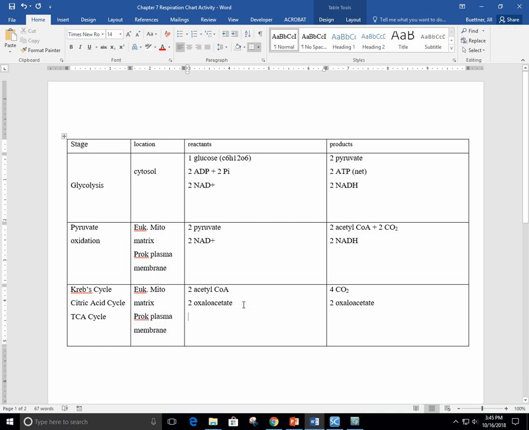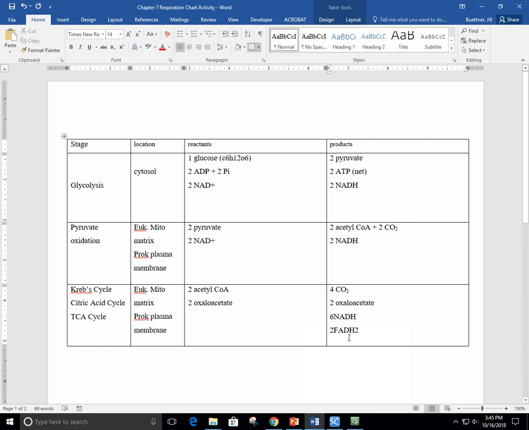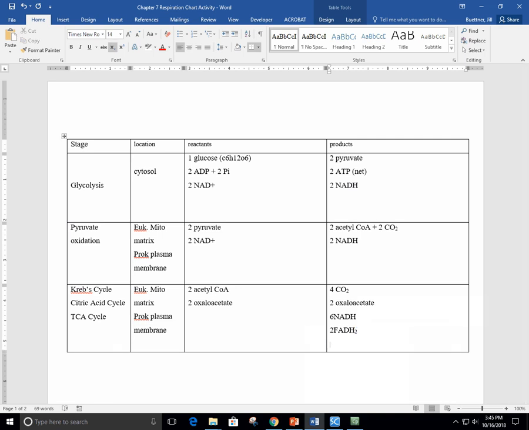All right, then you may remember 3 NADHs are made, but you have to multiply that times 2, so 6 NADHs are made, 2 FADH2, and then, sort of indirectly, 2 ATPs via a GTP intermediate.